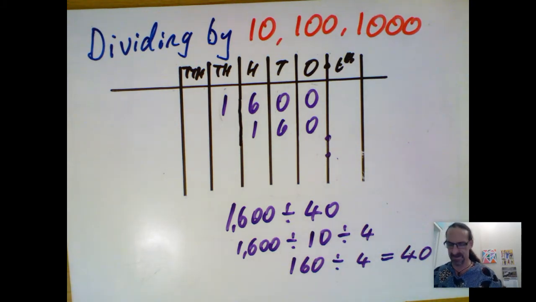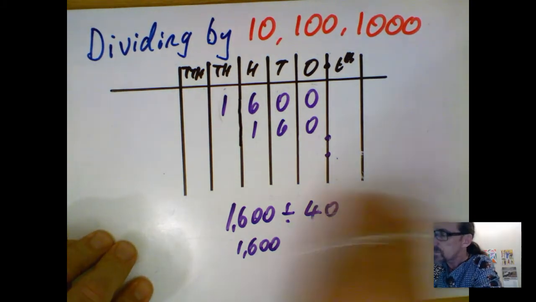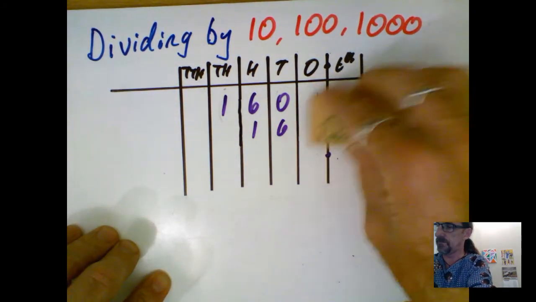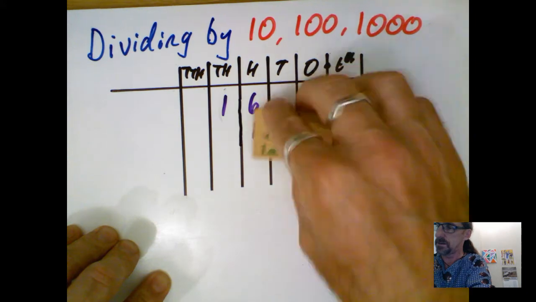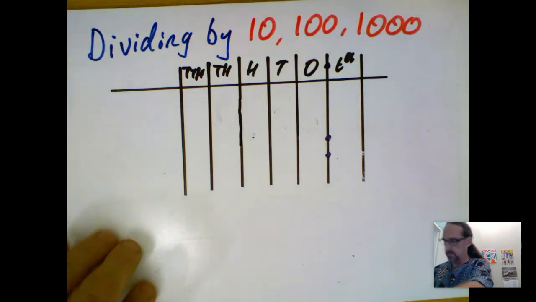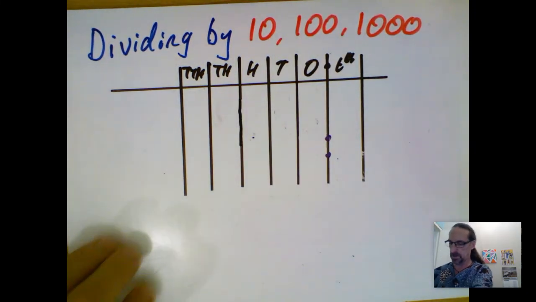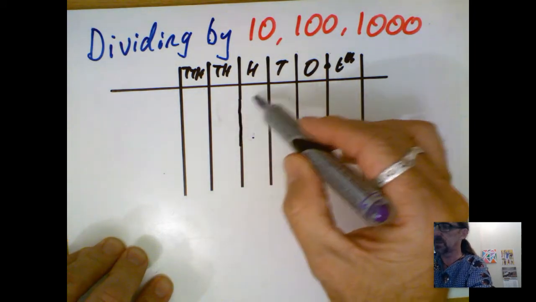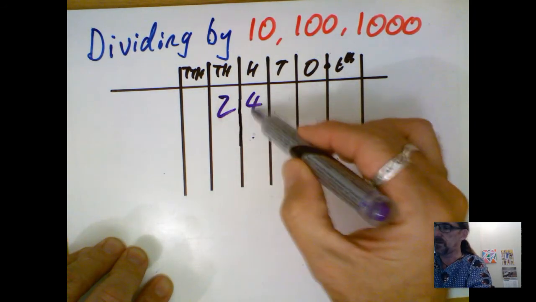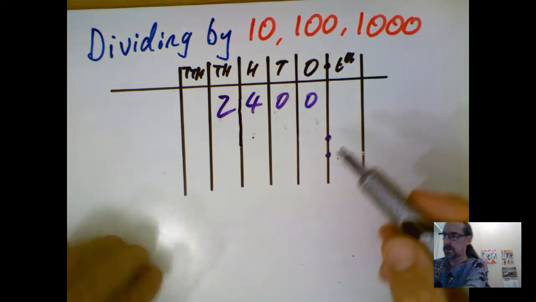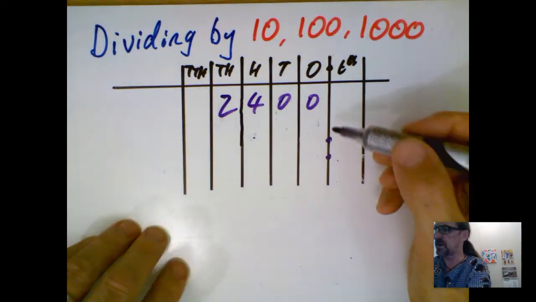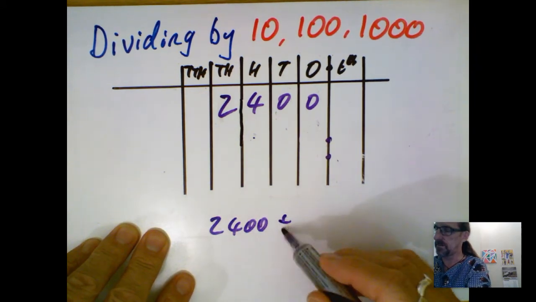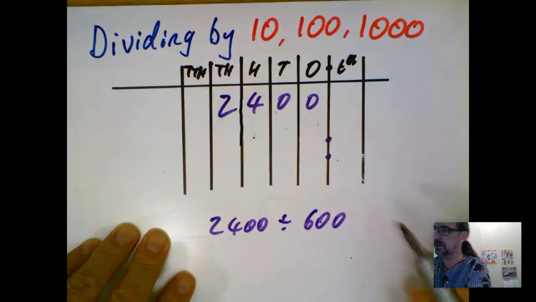Okay, let's have a different example because the 4 there was a little bit confusing, wasn't it? Okay, let's take 2,400 divided by, we'll divide this by 600. 2,400 divided by 600 this time.